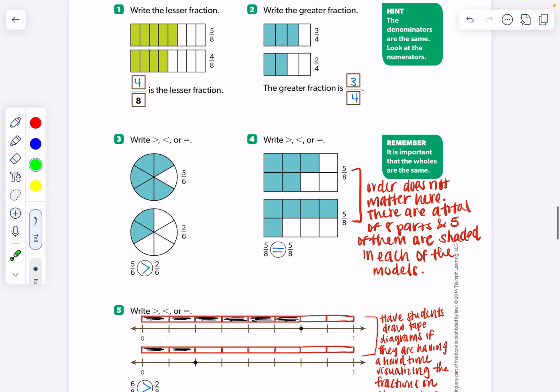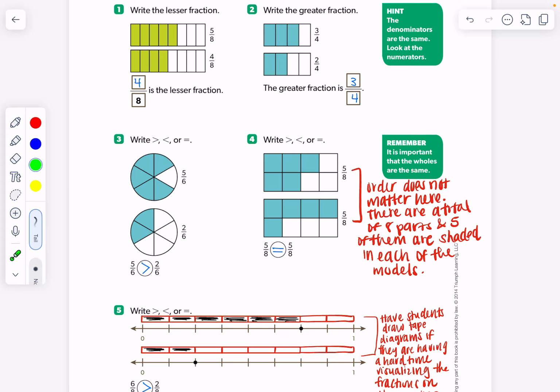And then the second part, students are still comparing models. However, in this question number 4, they will see 5/8. Students may get confused. Just remind them that in our fraction models, order doesn't matter.